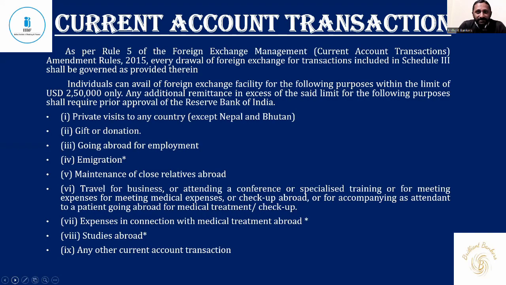He's paying for the expenses, so he can pay up to $250,000 per year for the maintenance of his mother or any close relative, whoever may be. When he's traveling for any business or attending a conference, in that case, he can carry $250,000.